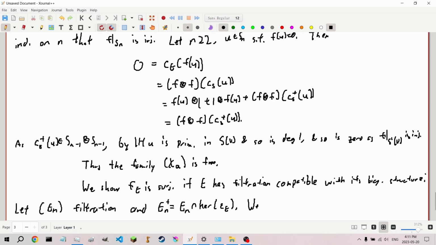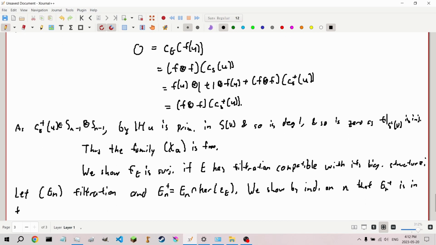We show by induction on n that each E_n^+ is in the image of F_E.